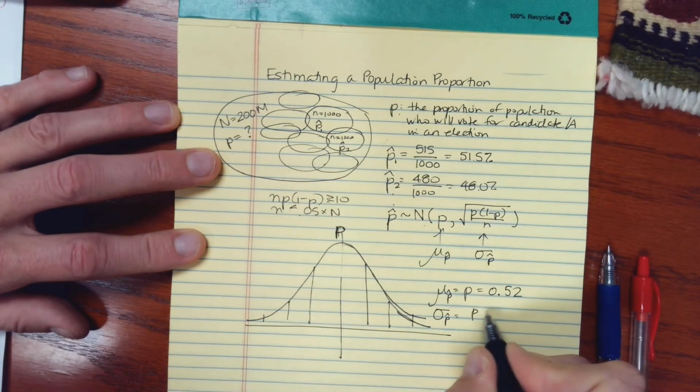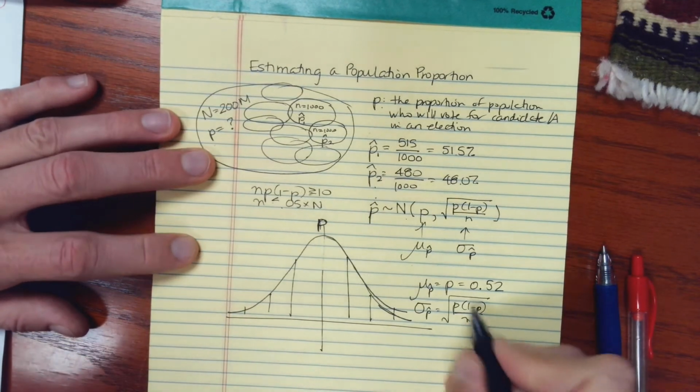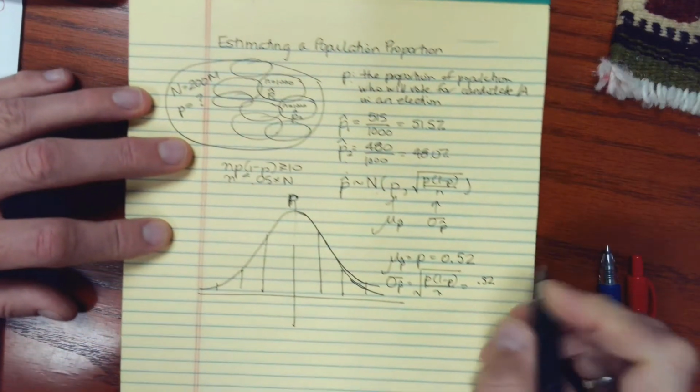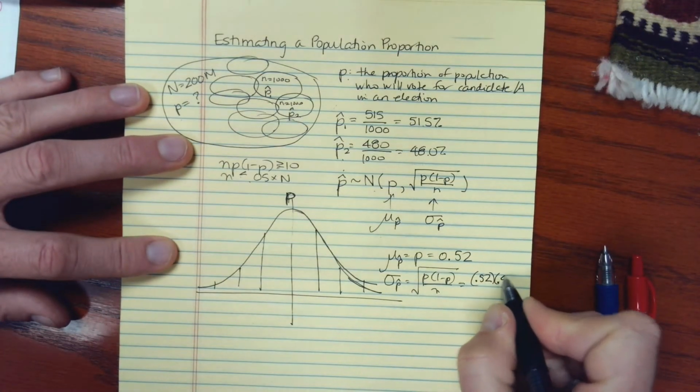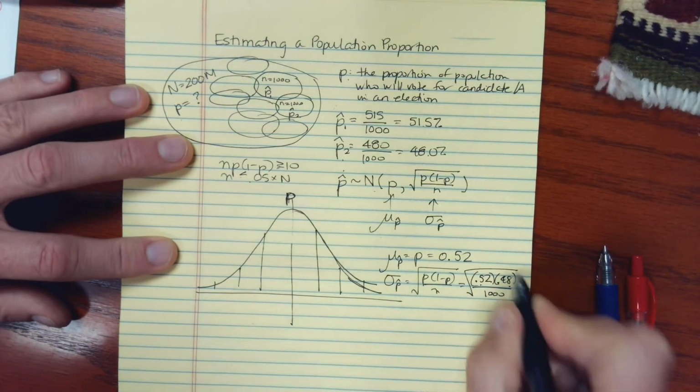So I would need to take p times 1 minus p, divided by n, then the square root. So if I'm taking samples of size 1,000 from this population, this would be 0.52 times 0.48, that's p times 1 minus p, all over 1,000, and then take a square root.